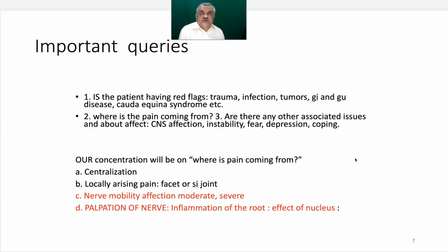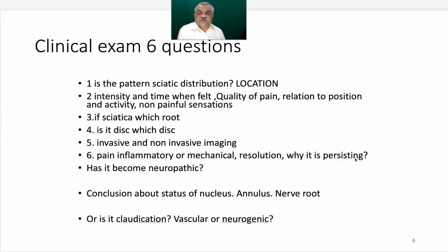We need to find out if the pain is arising locally from the facet or the sacroiliac joint. We need to check the nerve mobility, whether it is moderate or severe. And then of course, we check the sign which I have described by palpating the nerves, the sural nerve and the deep peroneal nerve, to make out whether we are dealing with inflammation of the nerve root, which may be the effect of nucleus pulposus coming out.